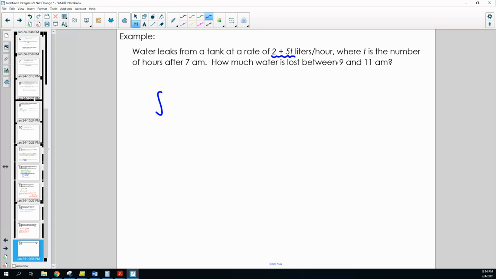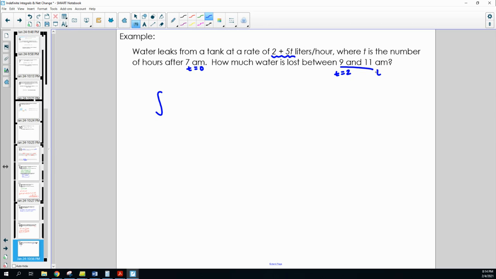The interval itself is between 9 and 11, right? But notice it says where T is the number of hours after 7 a.m. So we're not using 9 and 11 as our limits of integration. If it starts at 7 a.m., 7 a.m. is going to be T equals 0. So at 9, this is going to be T equals 2.